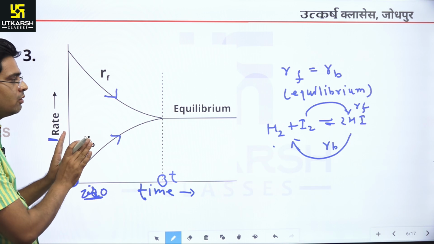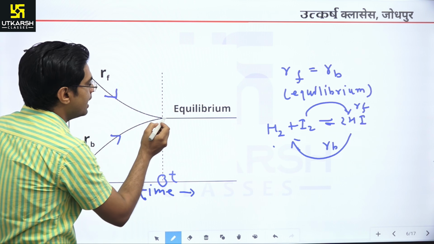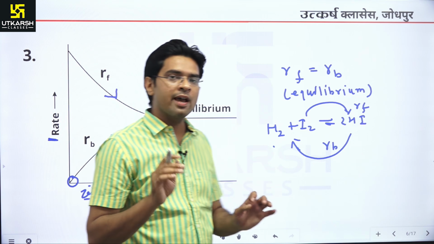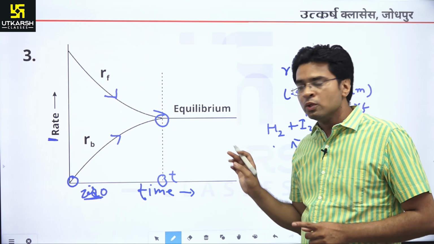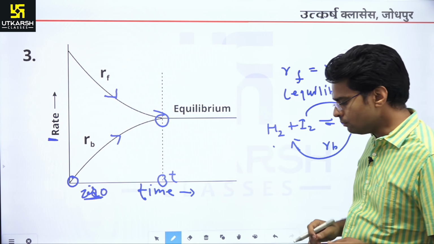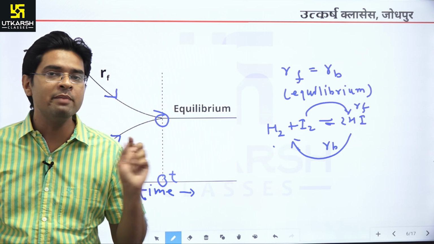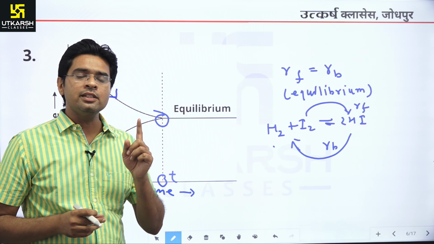You are observing here that RF decreases, RB increases, and at a point whenever RF becomes equal to RB, we are getting the equilibrium state.